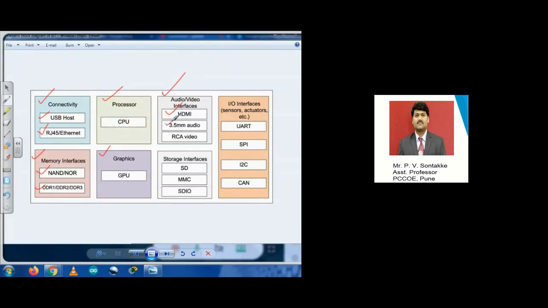Traditionally, and even currently, we use the 3.5 mm audio jack, isn't it? What does 3.5 mm indicate? If you observe the connector, a 3.5 mm connector has different sections, 1, 2, 3, 4. What are these rings if I am connecting, suppose, to the 3.5 mm jack of my mobile phone?